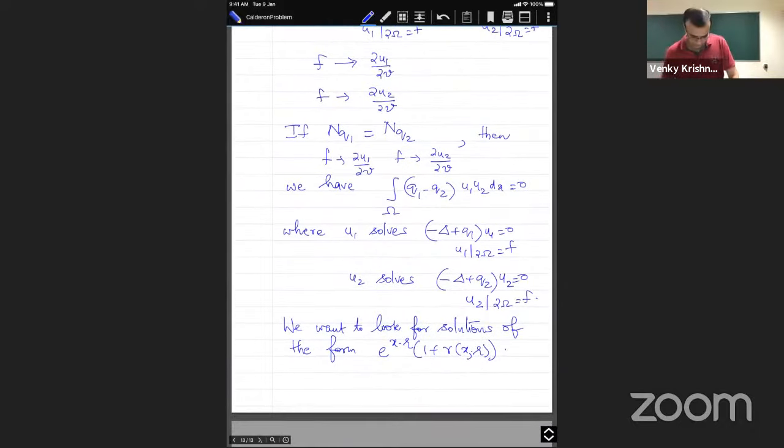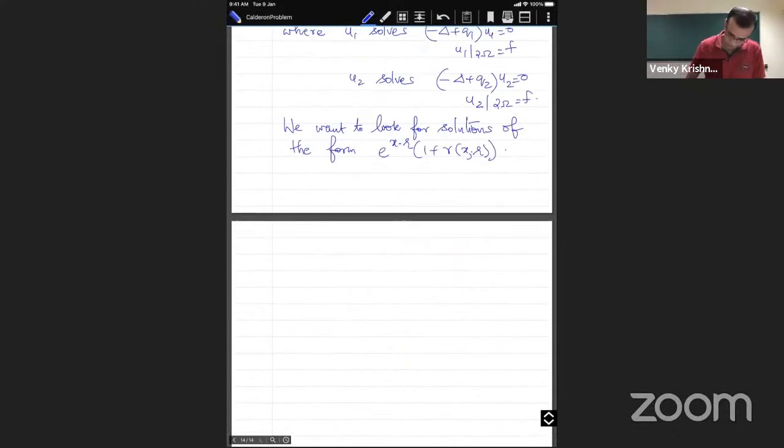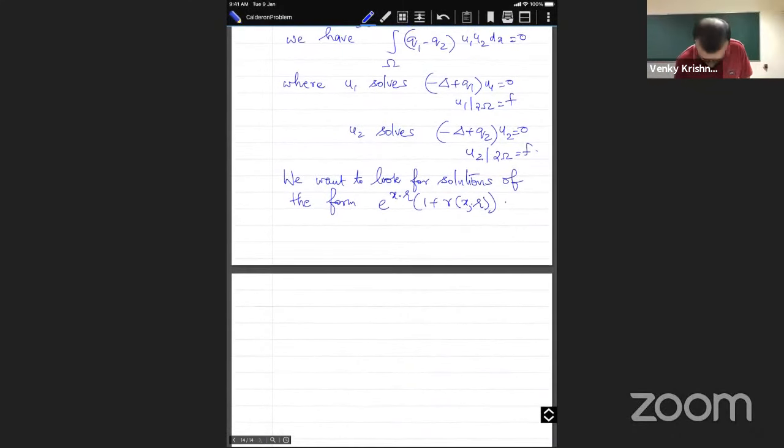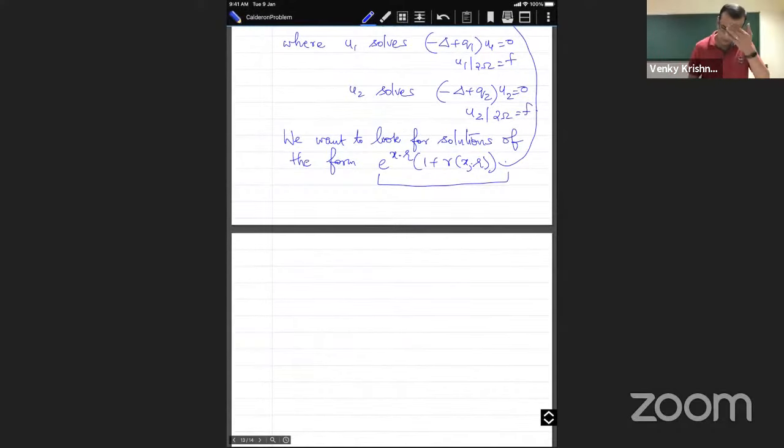So now suppose we are able to construct such solutions, e to the x dot zeta times 1 plus r of x, zeta. Let us substitute this back into this equation, and let us also assume that we can find enough zeta 1 and zeta 2 such that when I consider the product, I'm able to get the Fourier transform.